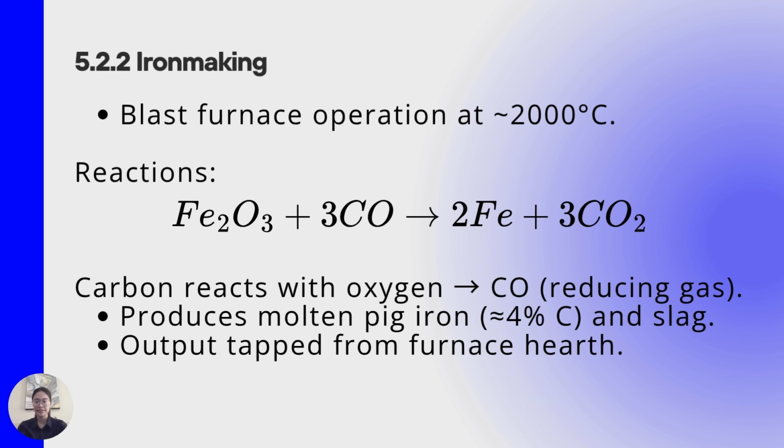And third, hot gases, mainly carbon dioxide, which are cleaned and recycled to preheat the incoming air. The result of this stage is pig iron, a crude form of iron that now serves as the feedstock for steel making. The chemistry and efficiency of this process determine both the cost and quality of steel production worldwide.